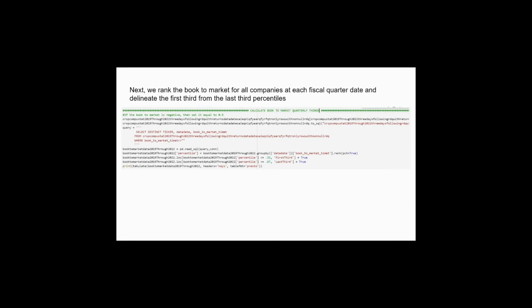Growth firms are in the bottom third book to market and do not have a dividend yield in the top quartile, so the top 25%.